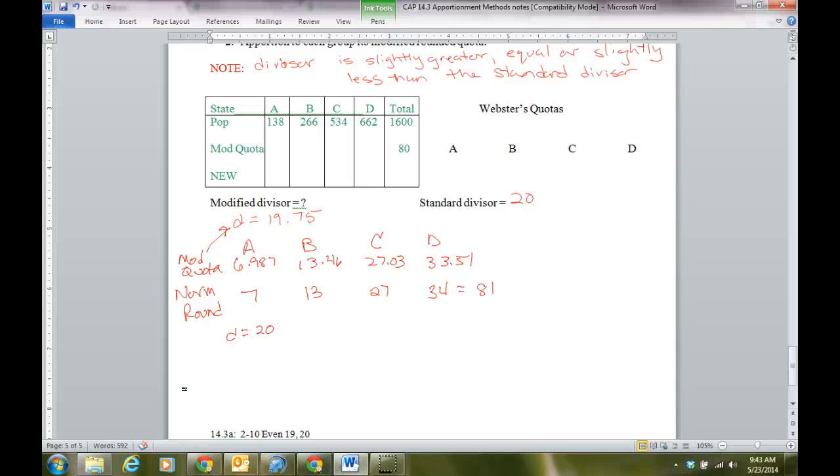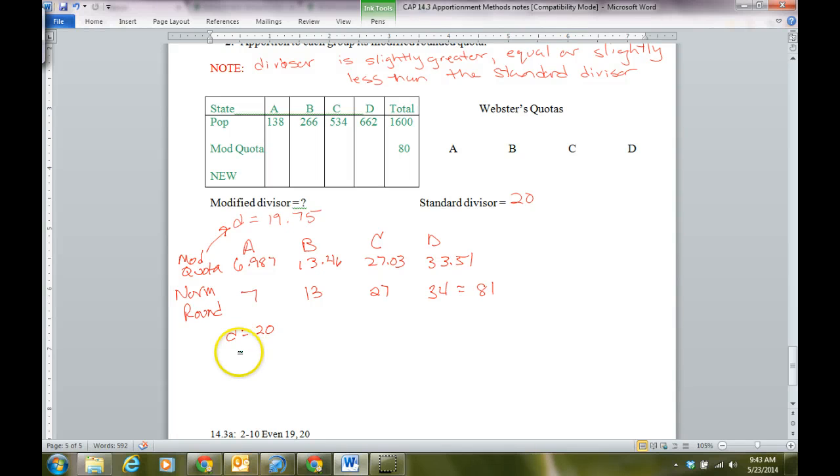And Hamilton rounds down, and then you take your extra ones and apportion them to the ones with the highest decimal in their standard quota. So like 6.9, that person would go up.